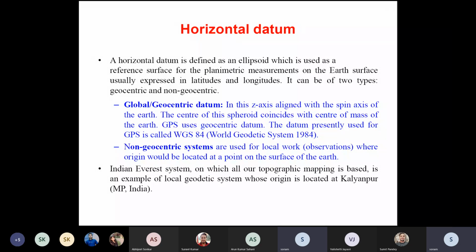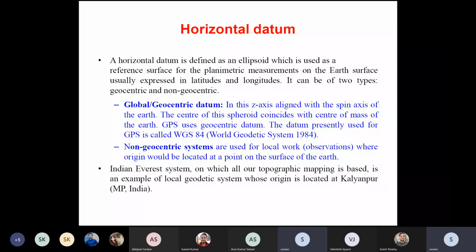A horizontal datum is defined as an ellipsoid which is used as a reference surface for the planimetric measurements on the Earth's surface, usually expressed in latitude and longitude. It can be of two types, geocentric and non-geocentric.